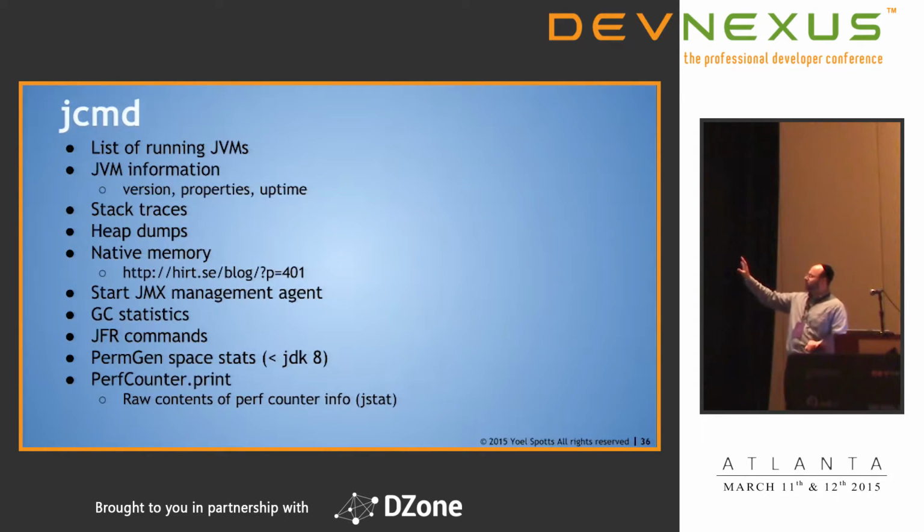So this is just to give you some idea of what jcmd provides, but again, this is completely described by the process itself. There are various things you'll see here, and you'll see why the documentation specifies that it supersedes some of these older tools. GC statistics, start JMX, native memory data, heap dump, stack traces, JVM information, performance counters.